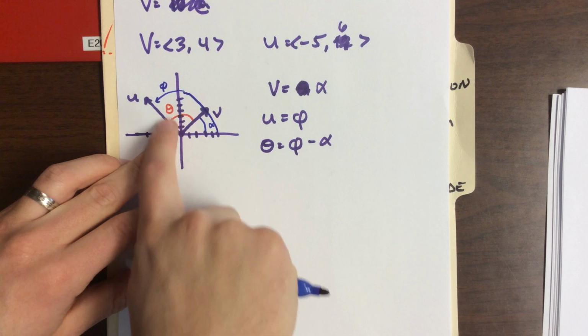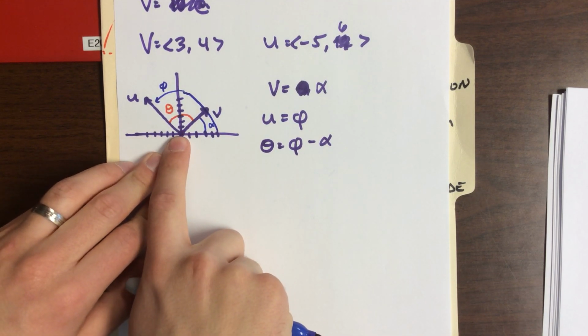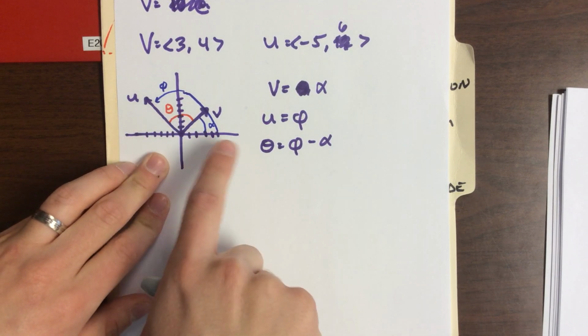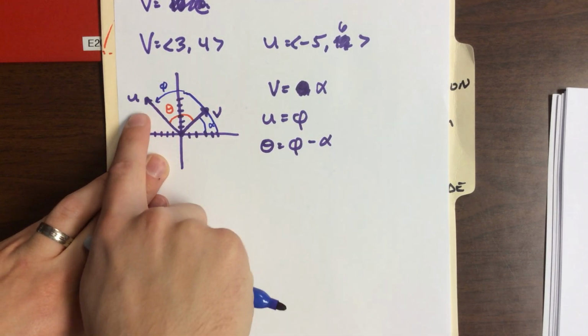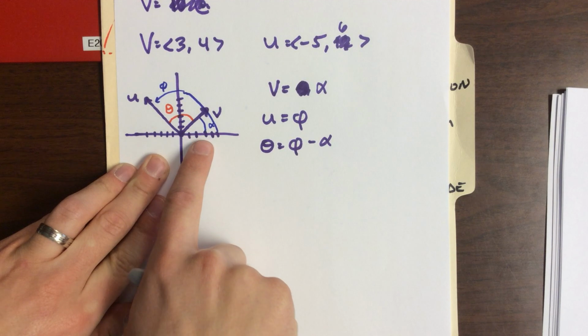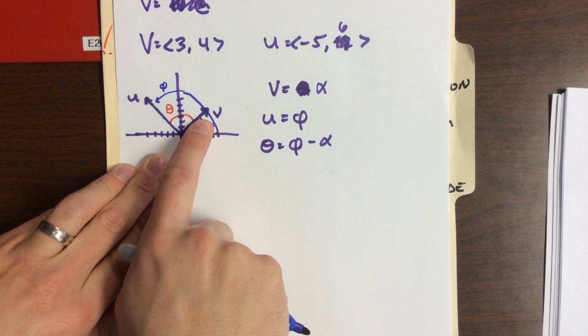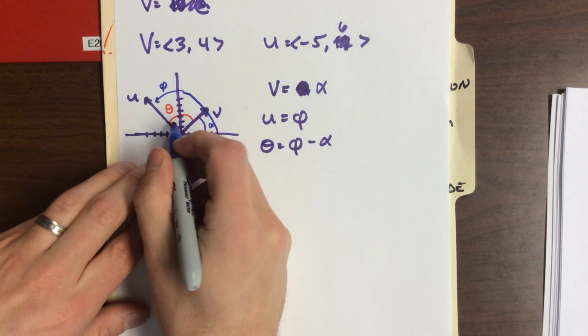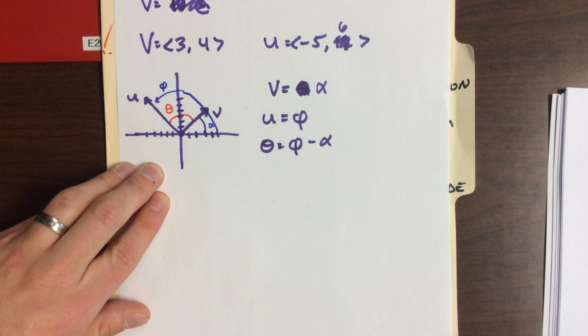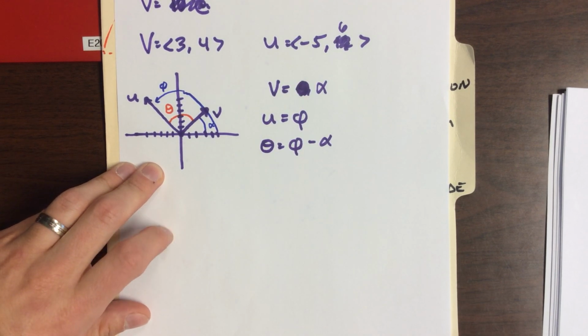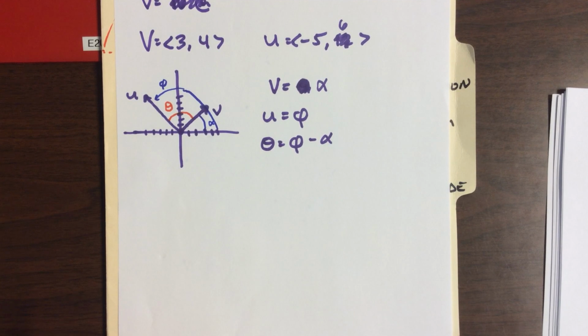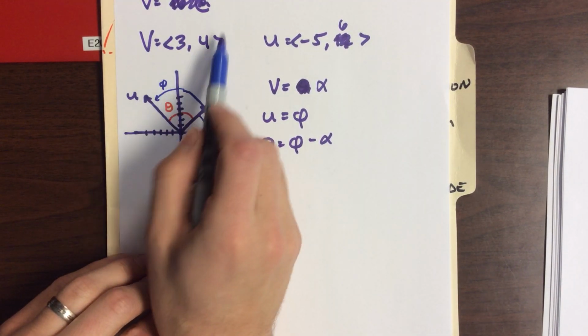So if phi is the entire angle, and alpha is the smaller angle, and I want the angle between the two of them, but do you know those? I don't know those. So then how do you know? Well, you have the sizes. We have 3, 4, 5, 9.